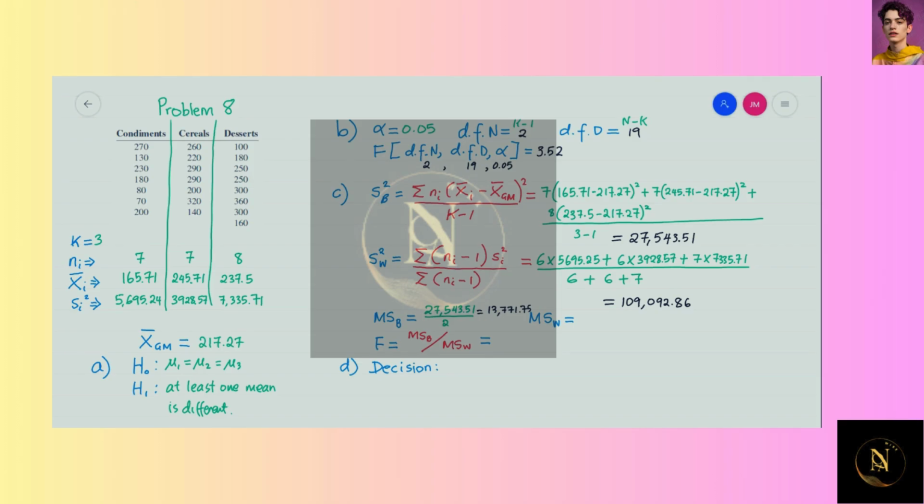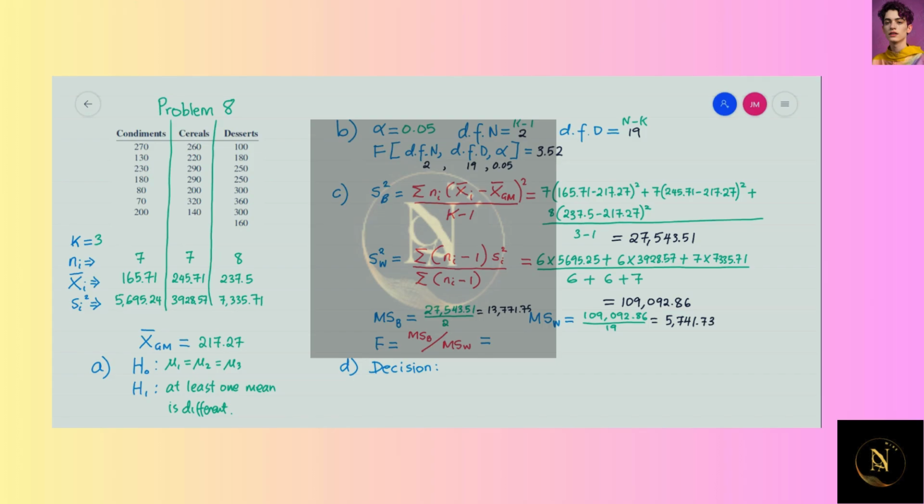For MSW, the mean square for the variances within the groups will be given by 109,092.86 divided by the degrees of freedom for the denominator, which in this case is 19. And when you work that out, you get 5,741.73.